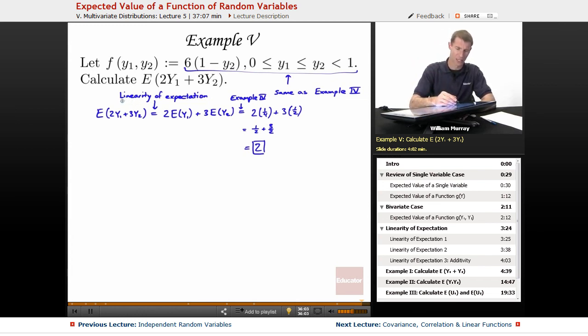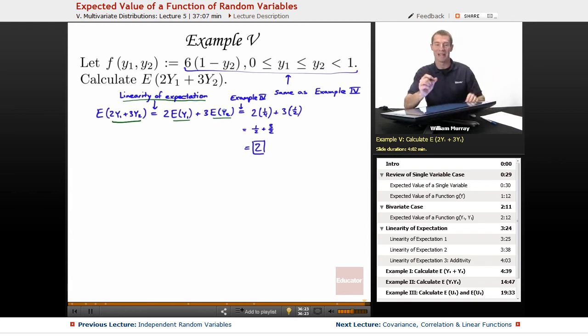If the phrase linearity of expectation doesn't quite trip off your tongue yet, it's worth going back and watching that third slide again, and you'll see how nicely it helps us in this problem, because it allows us to take 2y1 plus 3y2 and split it up and just find the expected values of y1 and y2 and then combine them back together. Those expected values we calculated in example 4 to be 1/4 and 1/2. So we just drop those numbers in and then simplify the fractions, and we get our expected value of 2 for 2y1 plus 3y2.